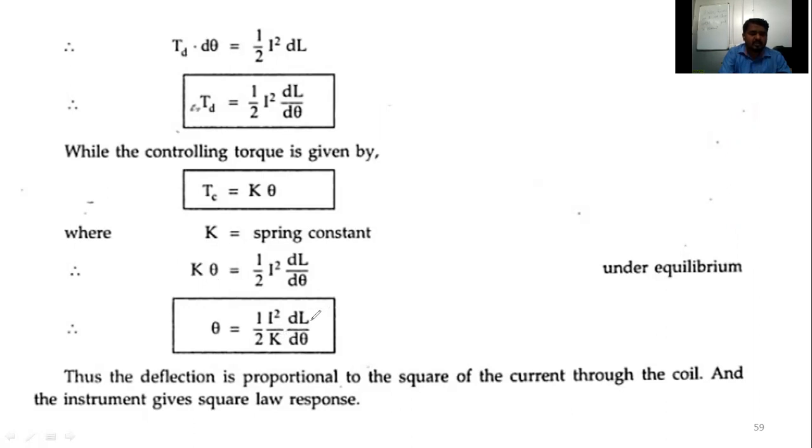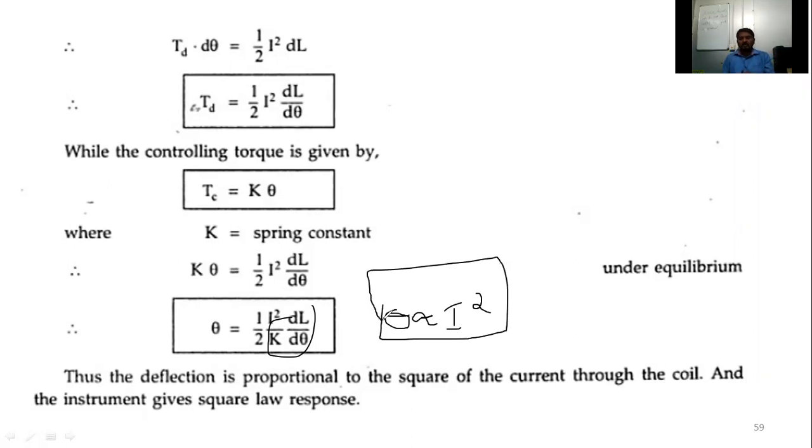K is the spring constant, dl is the change in inductance, and d theta is the change in deflection. But here, considering all these are constant, theta is directly proportional to I square. In the previous basic formulas for deflecting and controlling torque, we discussed theta is directly proportional to I at the start, but here it is changed.